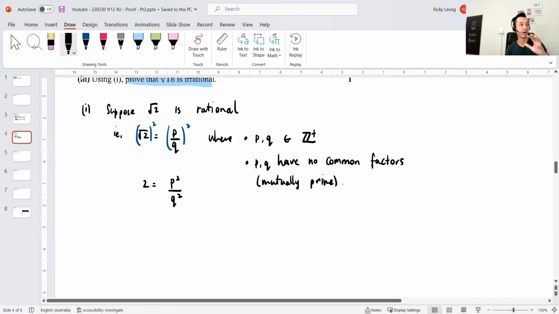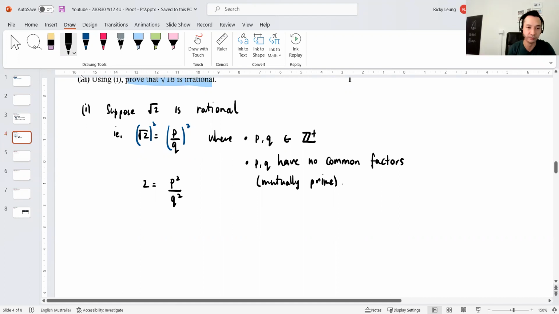Now, I must admit, leading up to here, there is a statement that says if P squared is even, then P is even. Sometimes your teacher doesn't want you to use that statement off the bat, so you'll need to prove it. Whenever you're proving root 2 and it's the first part of the question, you're allowed to use that statement.